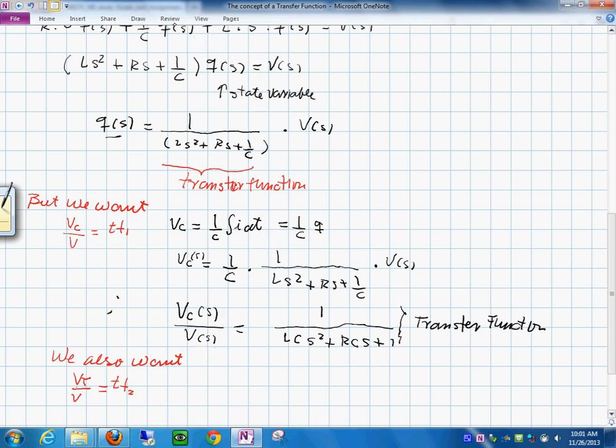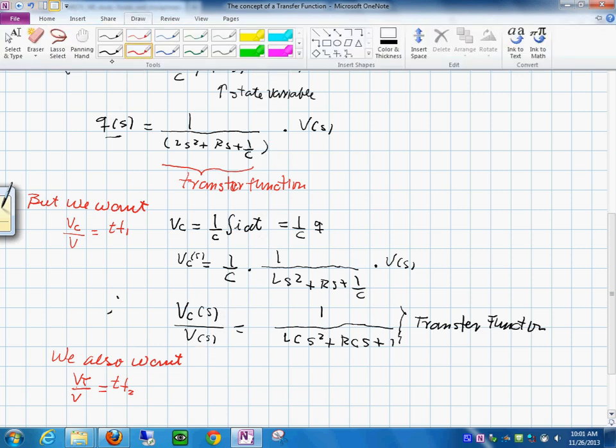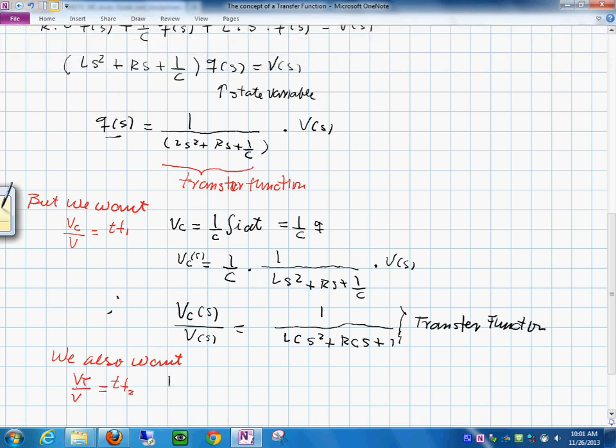So in this case, the voltage at the inductor is what we want. This was L times di/dt, or this was L times d squared q over dt squared.